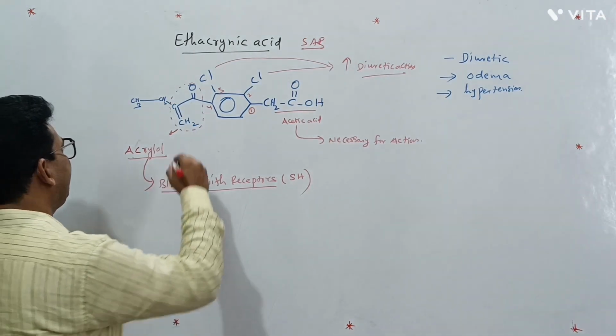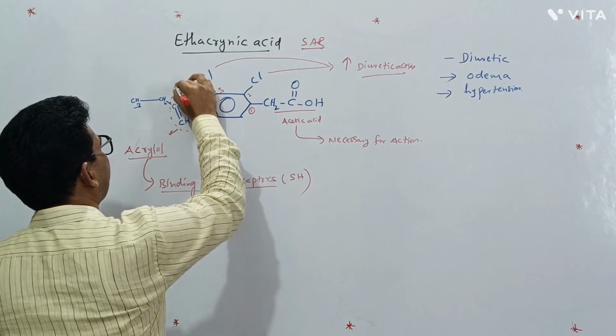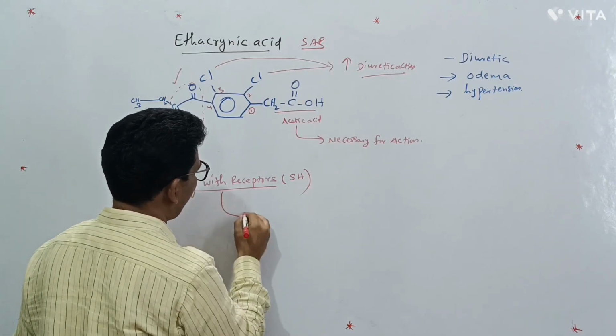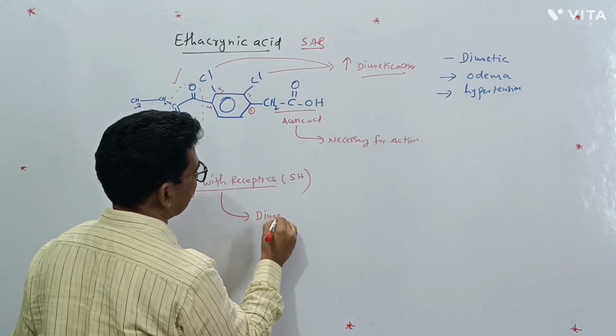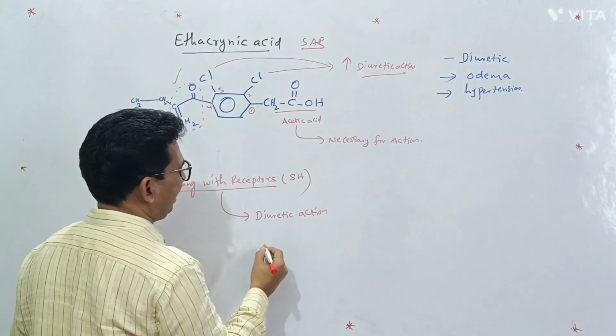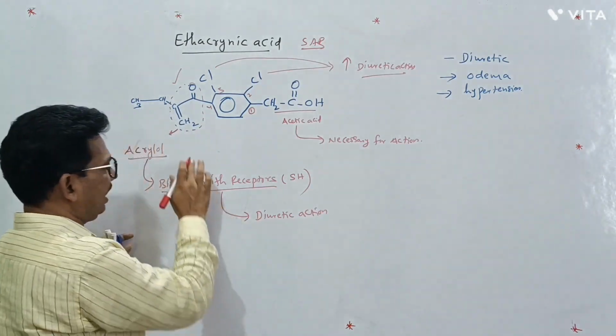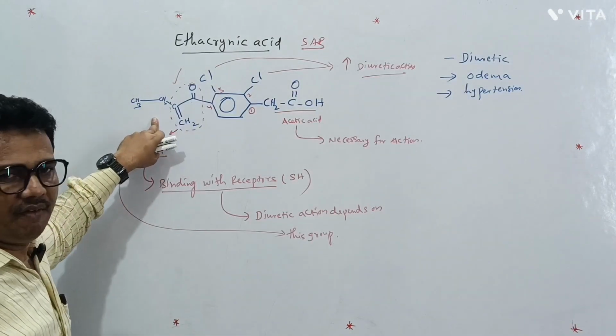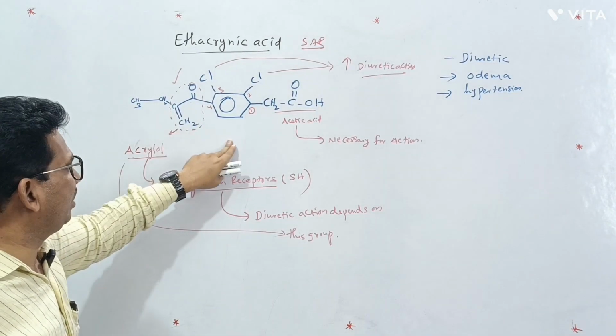It means this acrylyl group plays the vital role in case of what? Diuretic action. Because the diuretic action depends on this acrylyl group. Okay, that's why it plays the vital role. This is the SAR of this one.